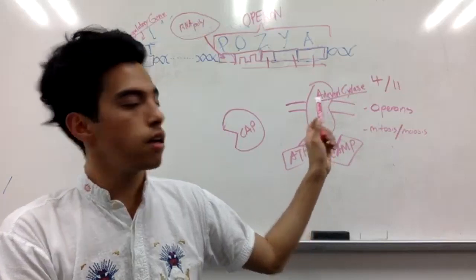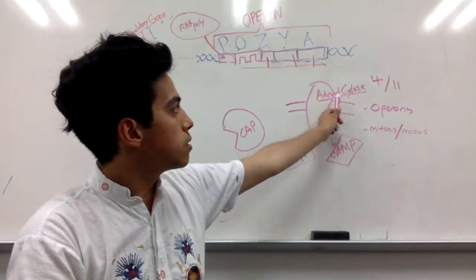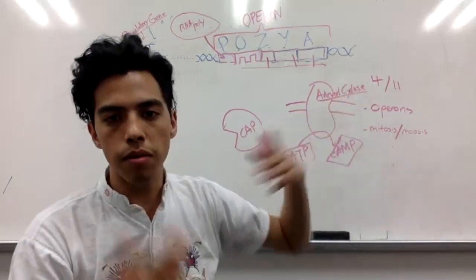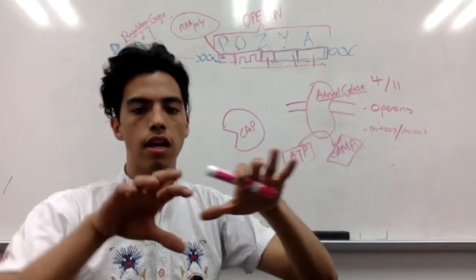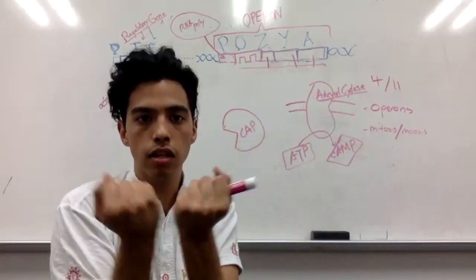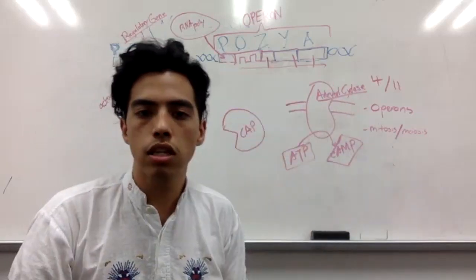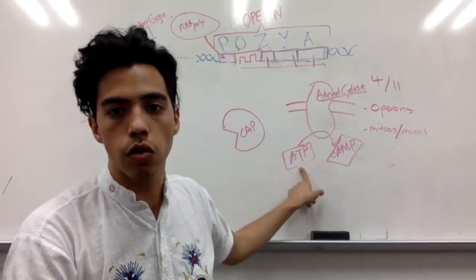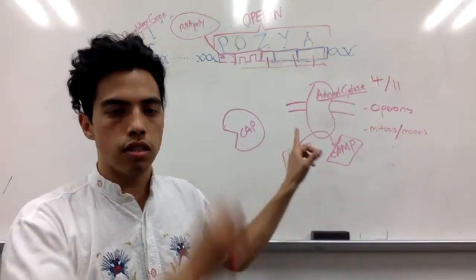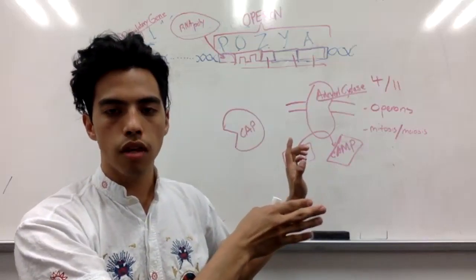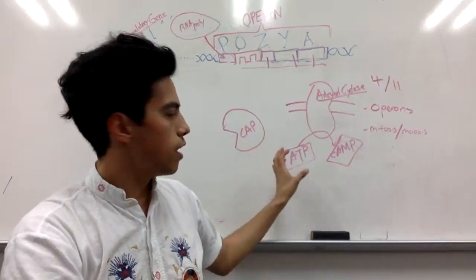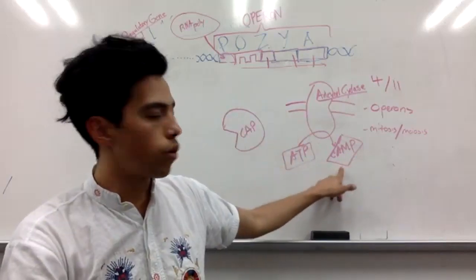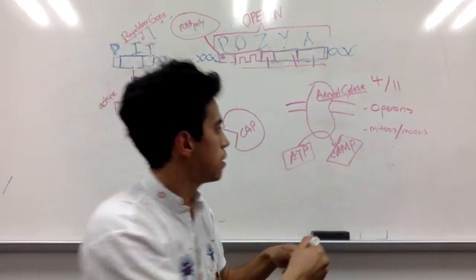Based on the name, the -ase means it's an enzyme, and cyc means it's going to make something cyclic. Adenyl is just the nitrogenous base it's working with. What it does is take ATP, cut off two of the phosphates, and bend that molecule to make a cycle. That's how you form cyclic AMP.